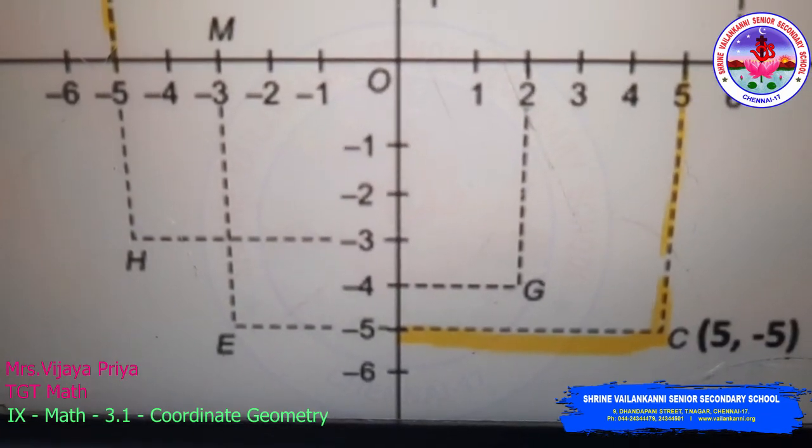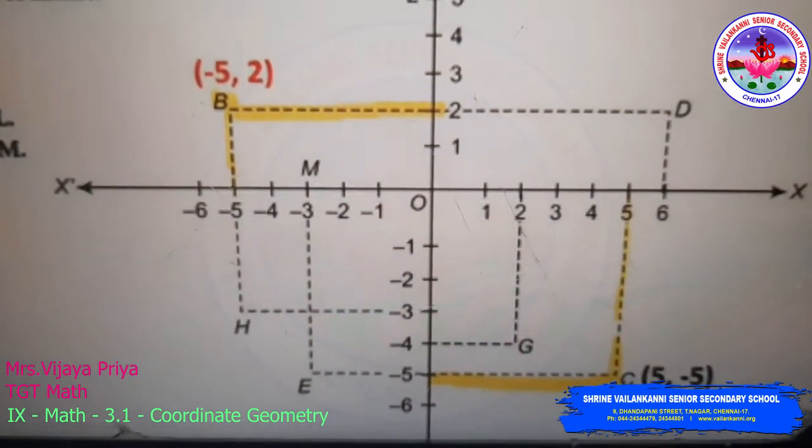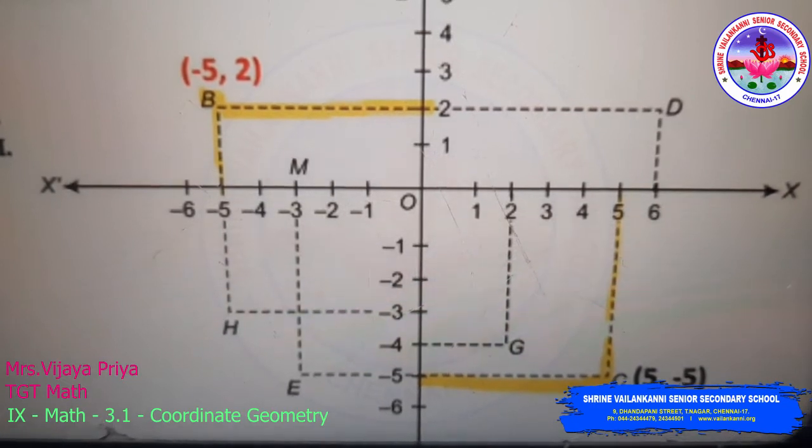Now the third problem is to find the point identified by the coordinates -3, -5.